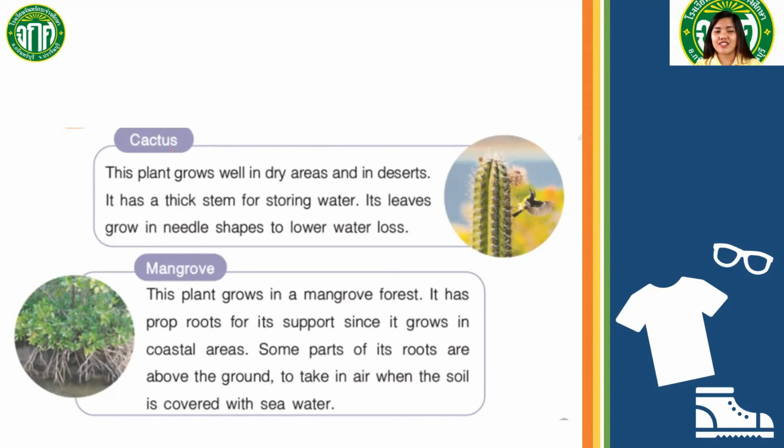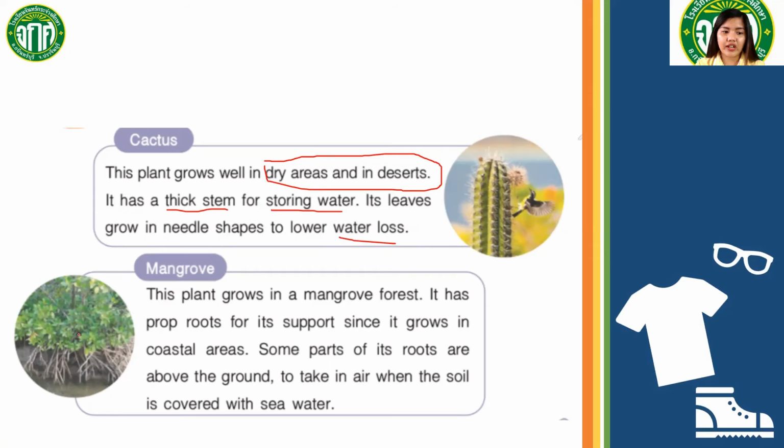Since this cactus is growing in dry areas and in deserts, it has a thick stem for storing water, and its leaves grow in needle shapes to lower water loss. So it can survive in dry areas and in deserts.